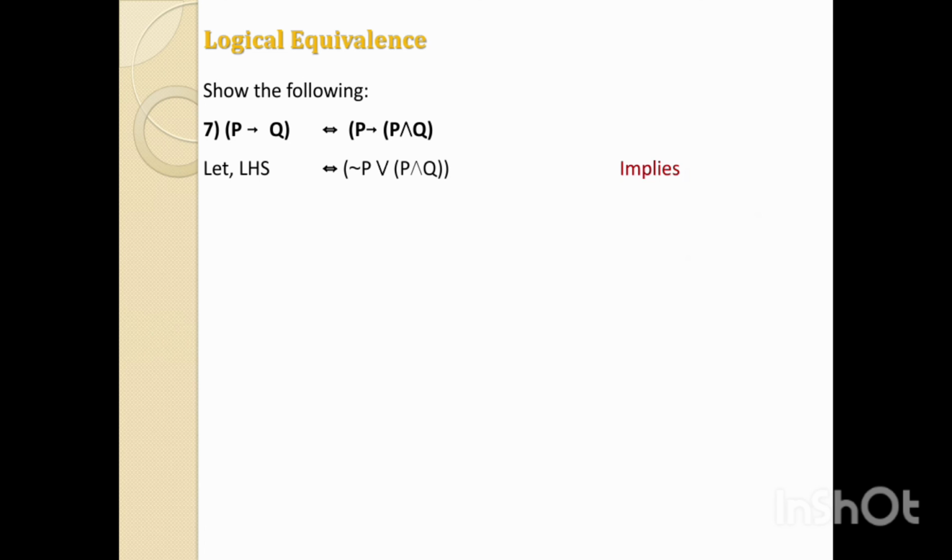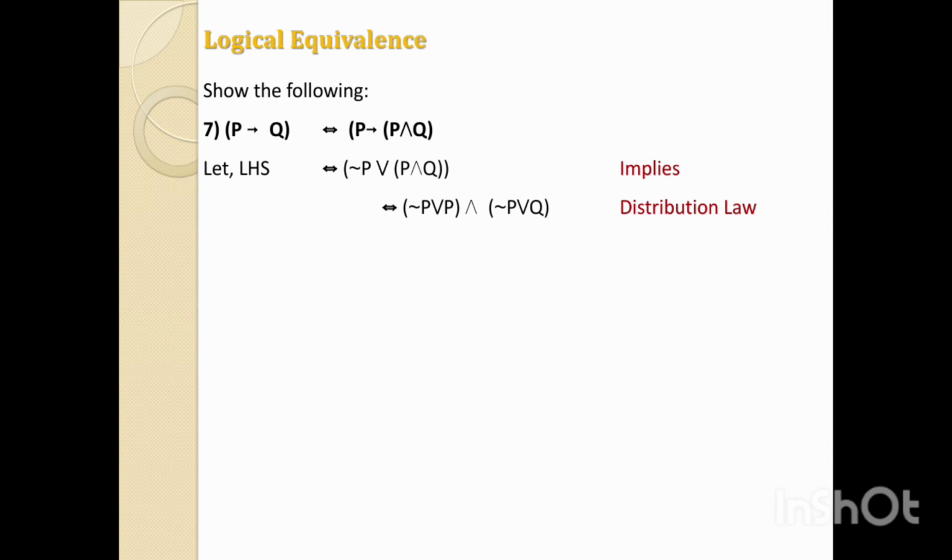By using the implies formula, we have written directly not P or (P and Q). Now inside and outside brackets there are different symbols. That's why we have used the distributive law and we make it (not P or P) and (not P or Q). We can prove by using the LHS side also.